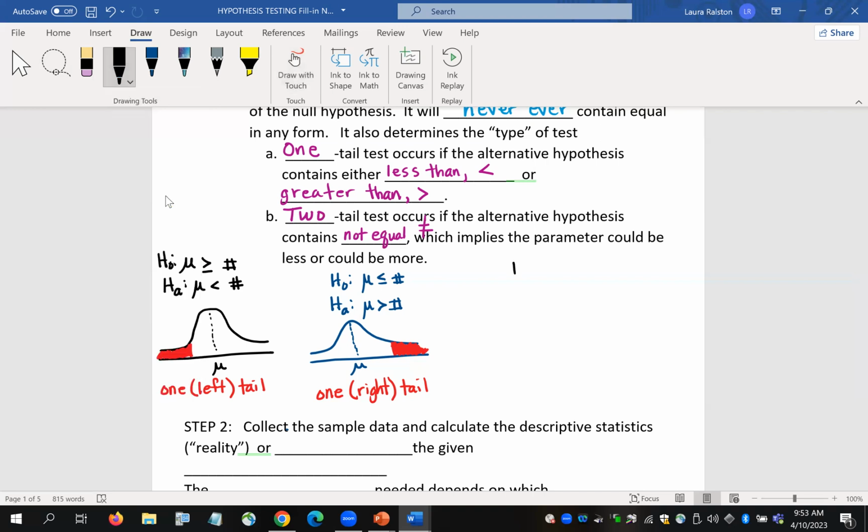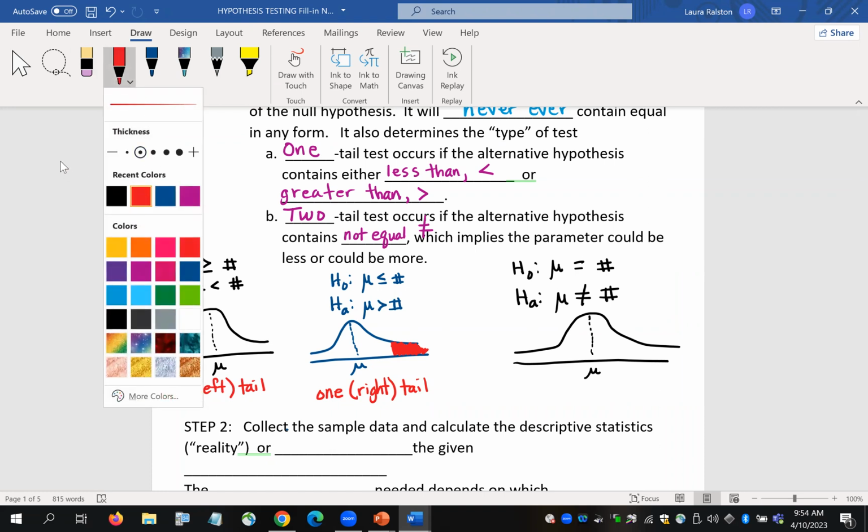The third option is that the null says the mean is equal to a number, and then the alternative is that the mean is not equal to a number. When we say something is not equal, it's not the same. That means it could be less or it could be more. I don't know, we're just saying that it's not the same.